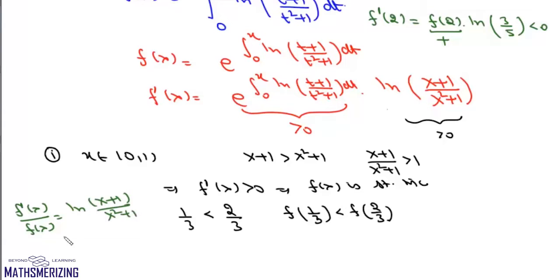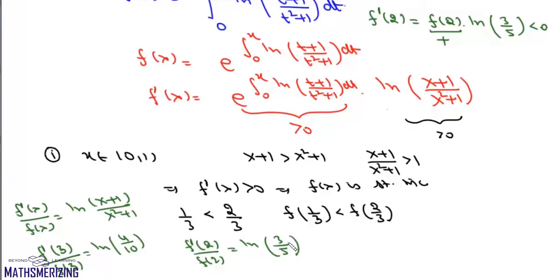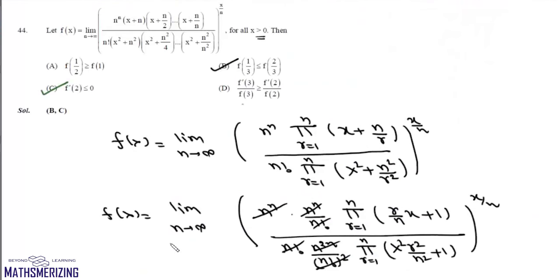Now if we put x as 3, we'll get f dash 3 upon f 3 will be log 4 by 10, which is log 2 by 5, and f dash 2 upon f 2 will be log 3 by 5. So log 3 by 5 is greater than log 2 by 5. So this option D is incorrect. So the only correct options are B and C.